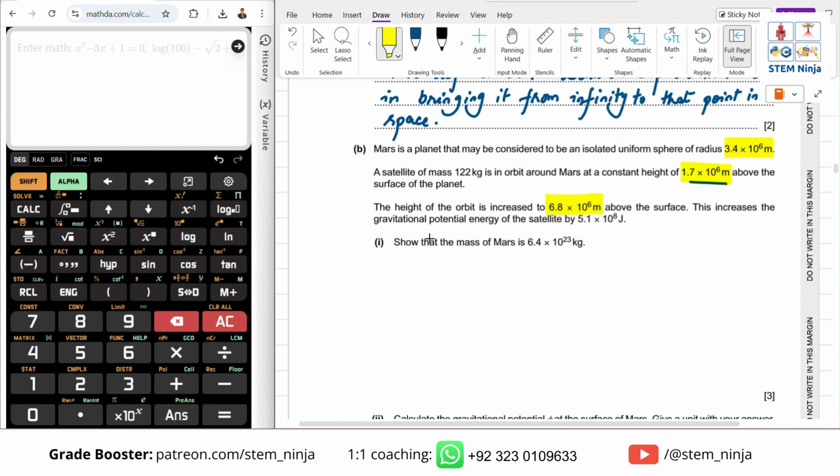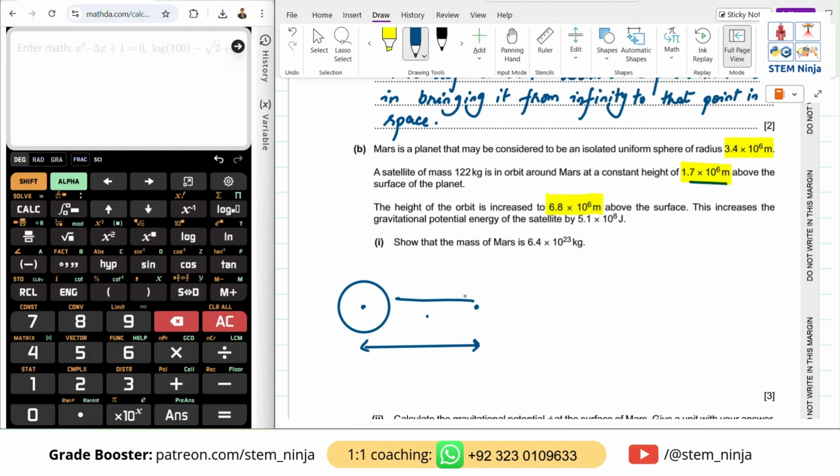The r that we're talking about in the formulae is the center to center distance. So that r that we keep using in the formulae, GMm over r or something, is not the height above the surface, it's actually this one. So this is the height. So we need to be able to add those distances first.